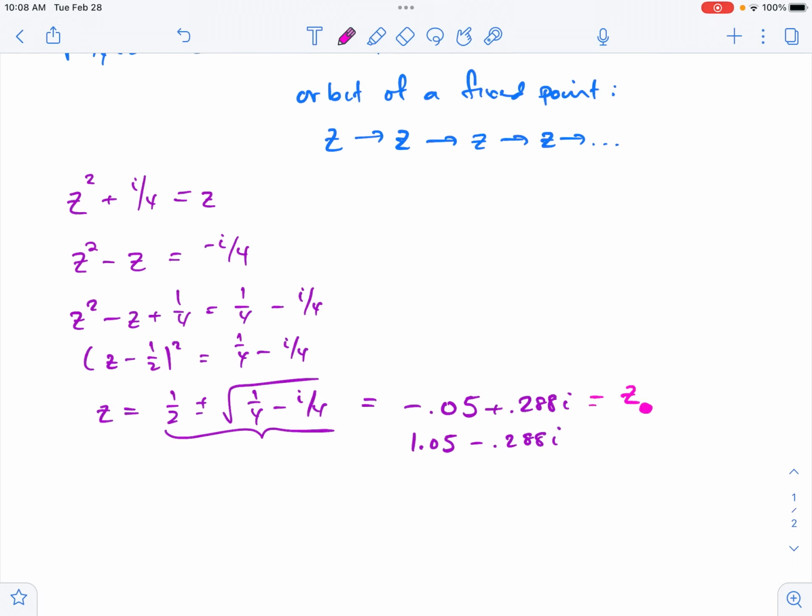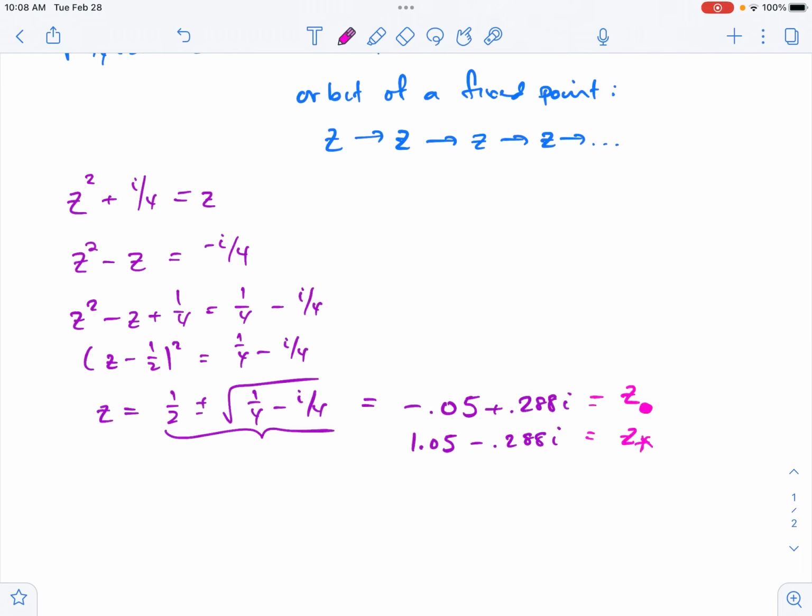And I'm going to designate the other point. Does he actually give it a name? He must. Yeah, he's going to call the other one Z star. Those are the two fixed points for the function.